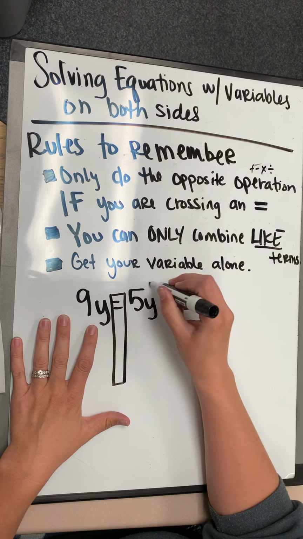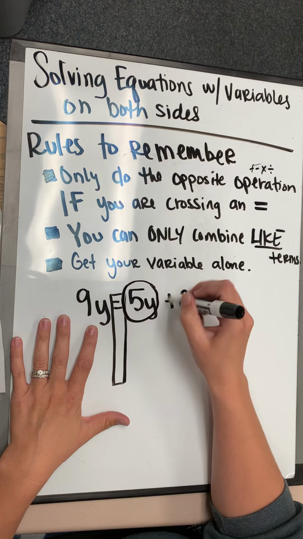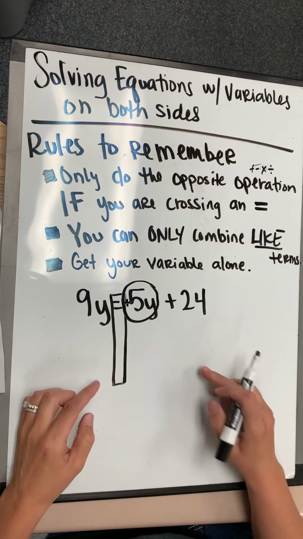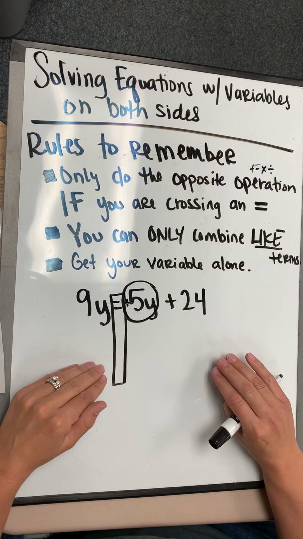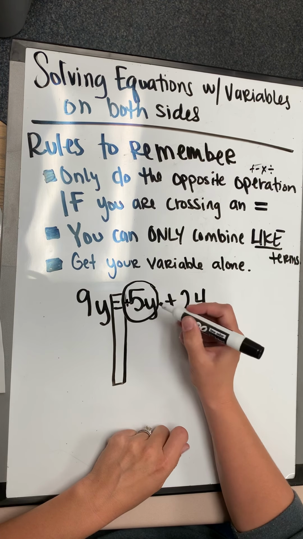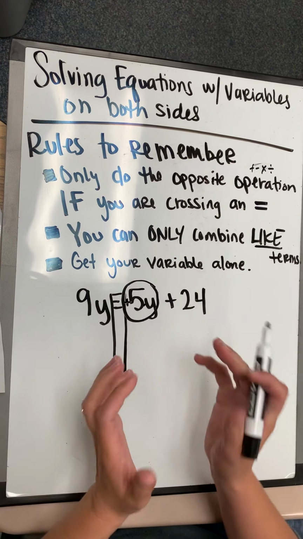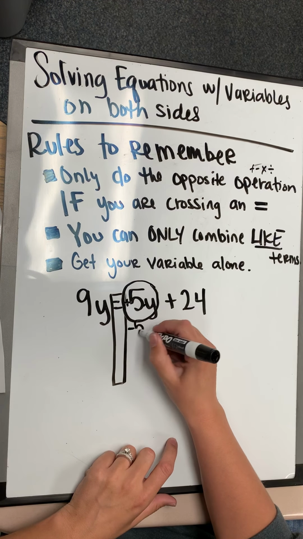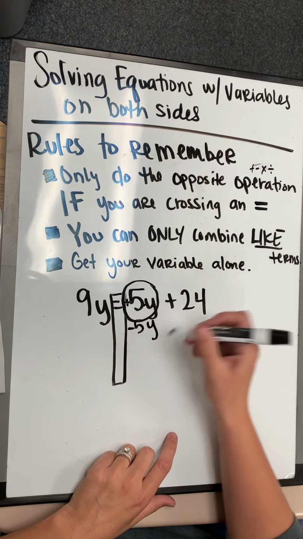So we are getting rid of a positive 5y. We don't want to separate them yet. When we want to separate our 5 and our y, that's when we'll do the opposite of multiply. Right now, we're trying to move both of them together as a whole term. So that's why we're going to do a minus 5y.